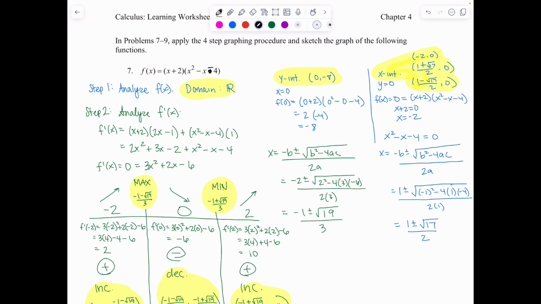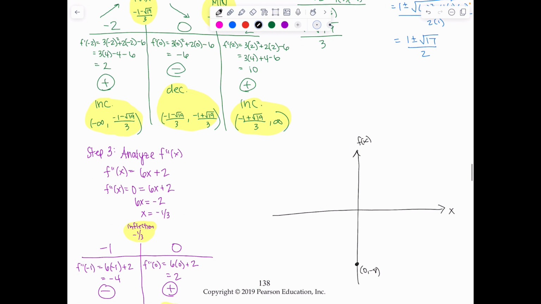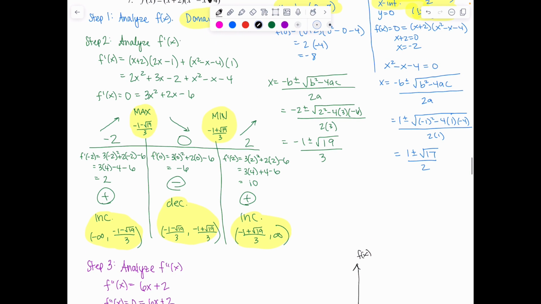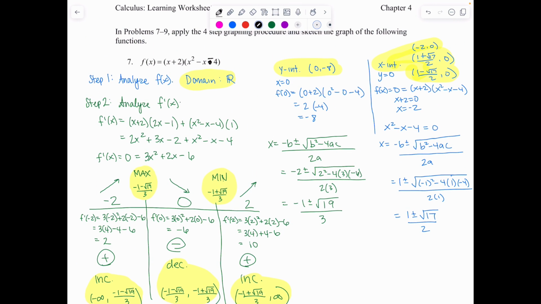So we have -2, 0. We have 1 plus root 17 over 2 and 1 minus root 17 over 2.